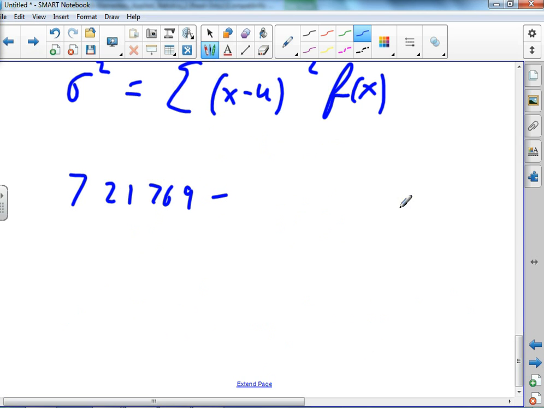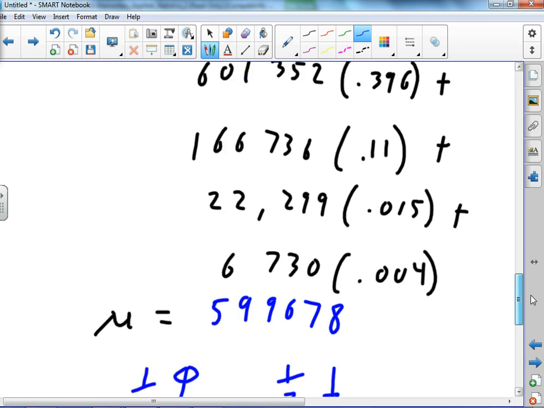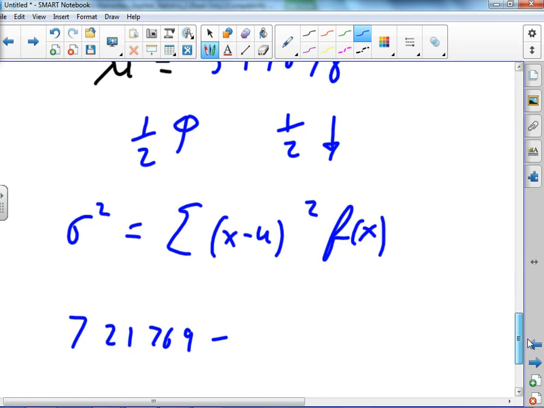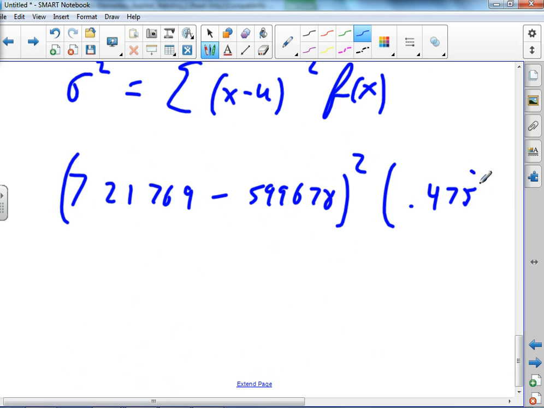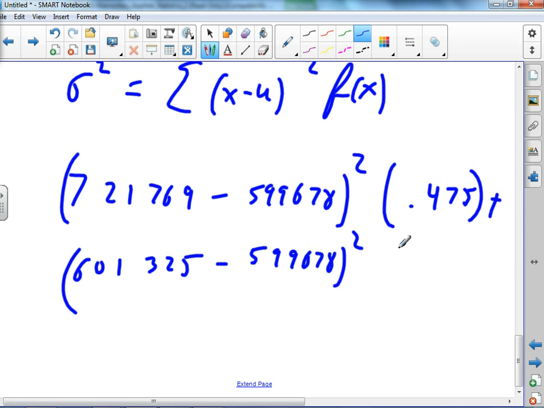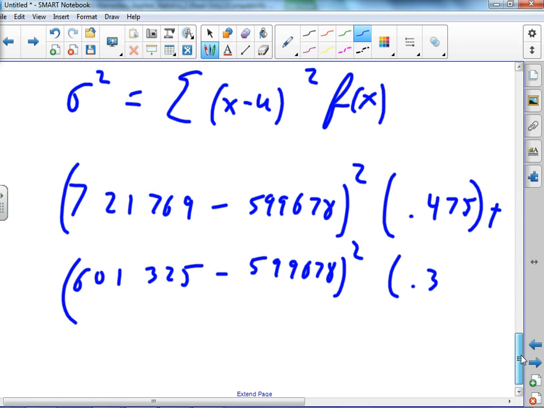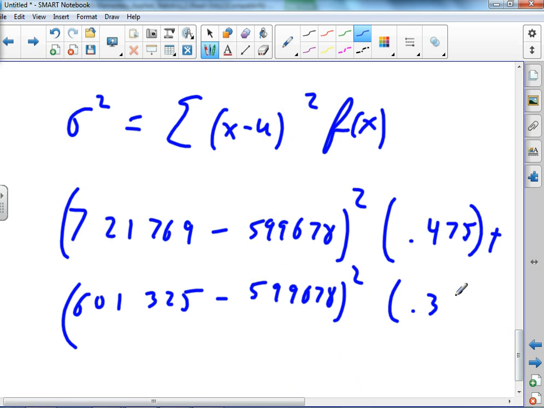721,769 minus 599,678 squared times 0.475 plus 601,325 minus 599,678 squared times 0.396. Is it 0.396? That's a learning disability showing up there.